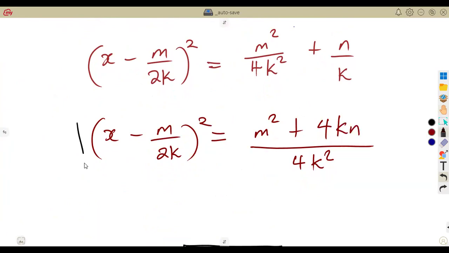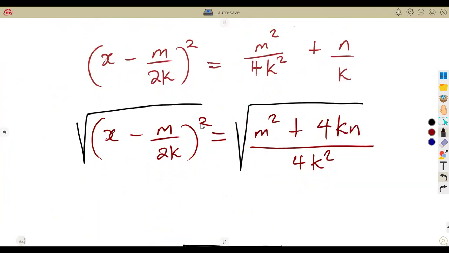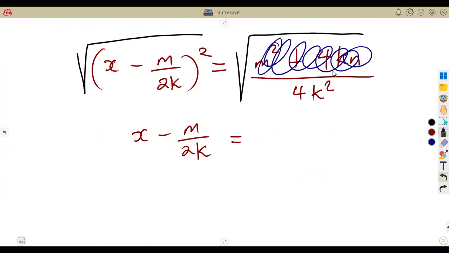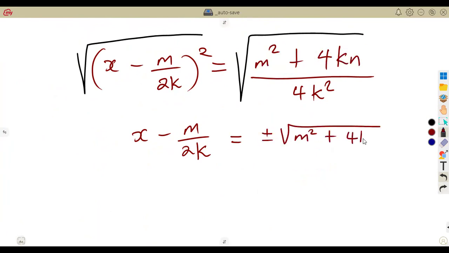So x minus m over 2k, equal to, by simplifying the numerator on its own and the denominator on its own, the numerator is the expression m squared plus 4k, square root, plus or minus kn, everything over the square root of k squared, which is k. So that will be 2k, square root of everything.